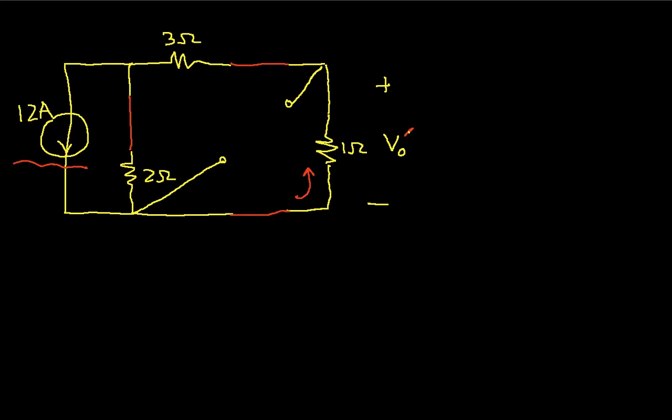I can find the current, let's call this I0, using the current divider. I0 is 12 amps, that's the total current flowing through two parallel resistances.